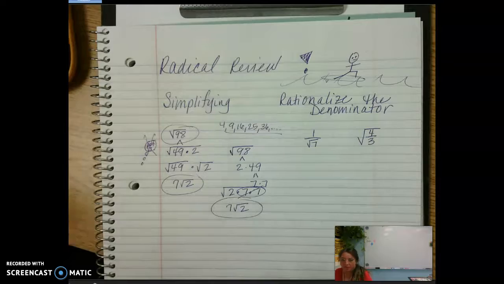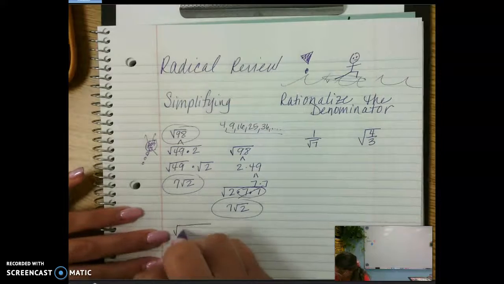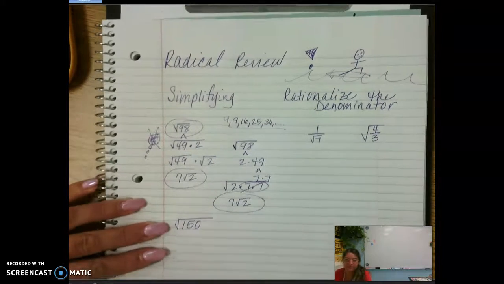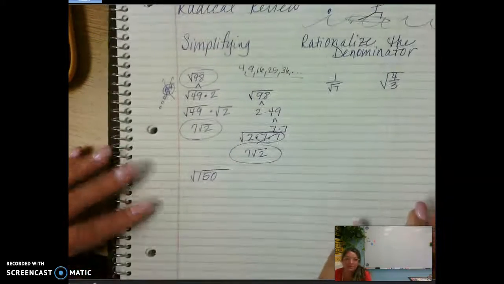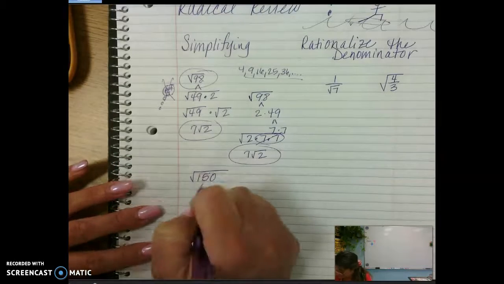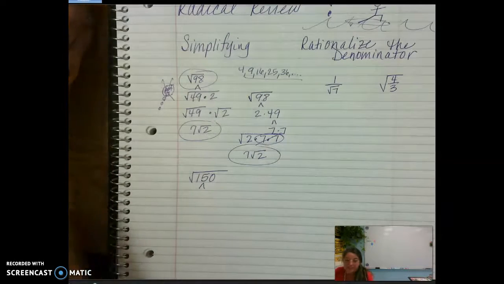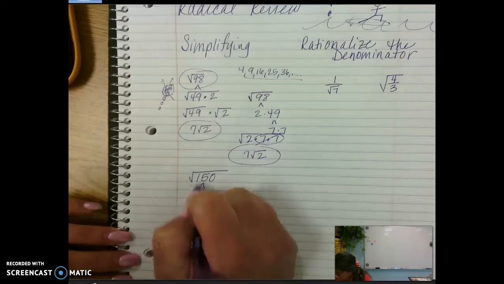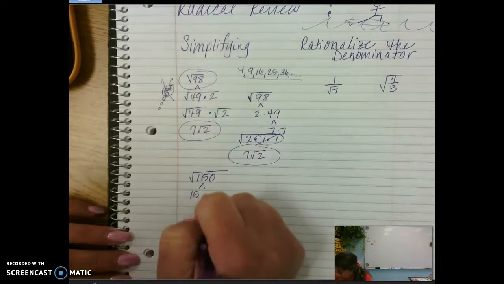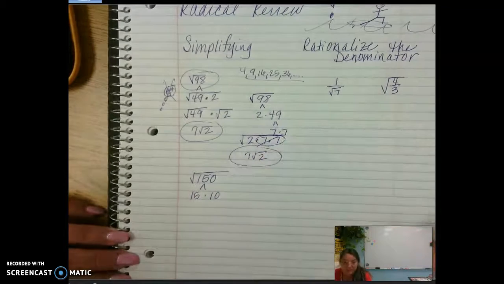Let's go ahead and do that one more time. So let's do the square root of 150. Now, I don't know about you, but sometimes my brain doesn't always work. And so I don't know what perfect square goes into 150, and I don't feel like typing it into my calculator to go figure it out. But I can do this factor tree relatively quickly.